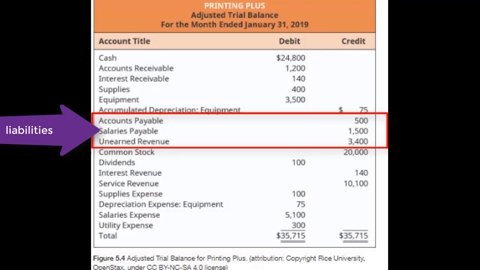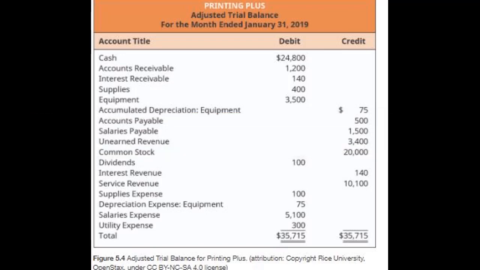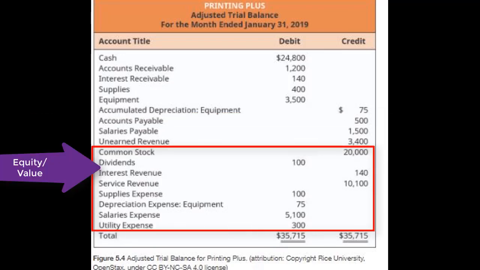That's why it's a liability. And then finally, we have the equity value or worth numbers. These in the very first Chapter 2 table that we discussed were either placed in common stock or retained earnings.